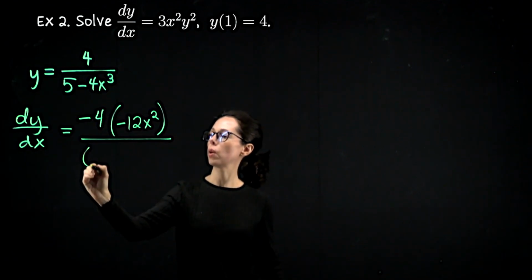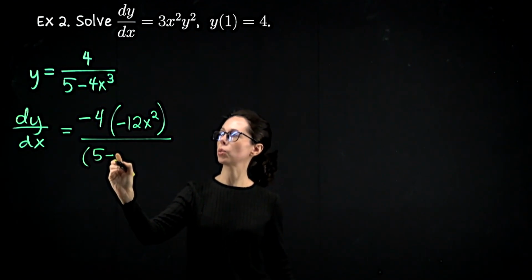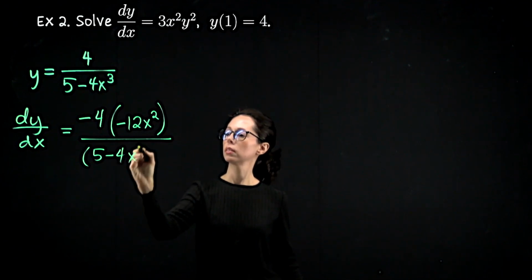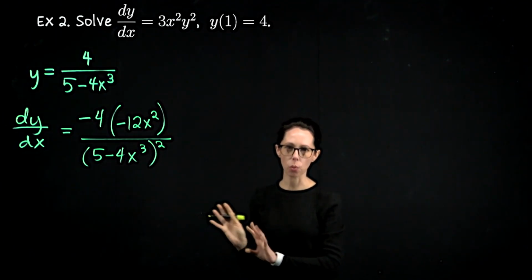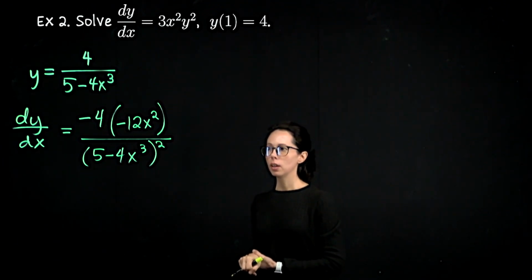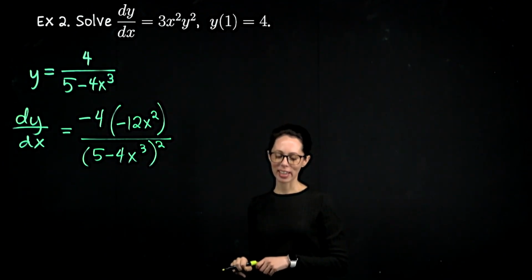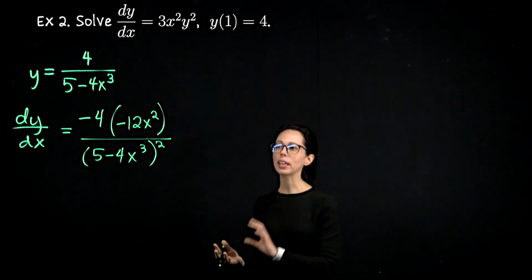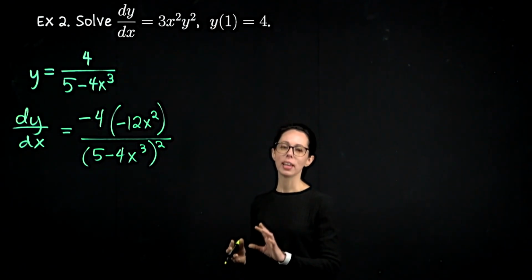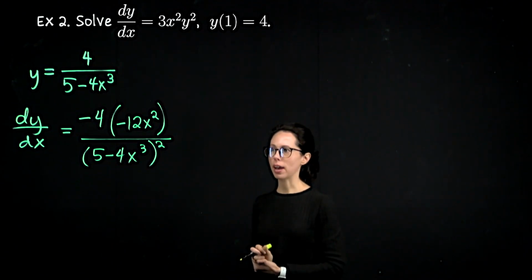So the quantity 5 minus 4x cubed is going to get squared. Typically with the quotient rule, you don't want to square out the denominator, and we don't want to do that here. One nice thing about checking your work is that you're allowed to know what you're hoping to land on. So I would like to see 3x squared y squared.